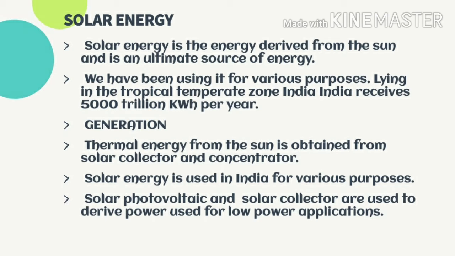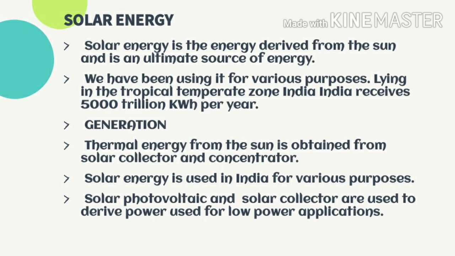This solar photovoltaic system that we are talking about is also known as a solar cell. It is made up of very thin wafers of semiconductor material, basically formed from silicon and gallium.